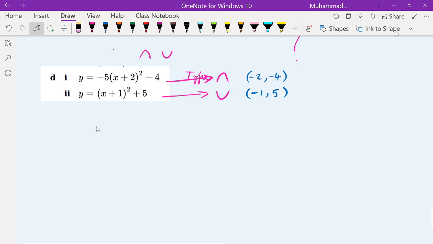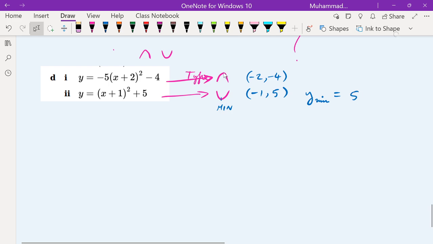Clear. Okay. So if I ask you, if it is a cup up curve like this one, it must have a minimum point, is it? Okay. So minimum point means it must have a y minimum as well. What's the value for that y minimum? 5.